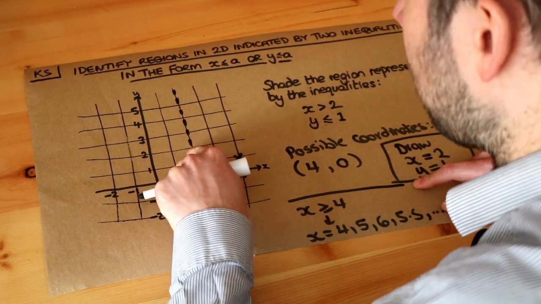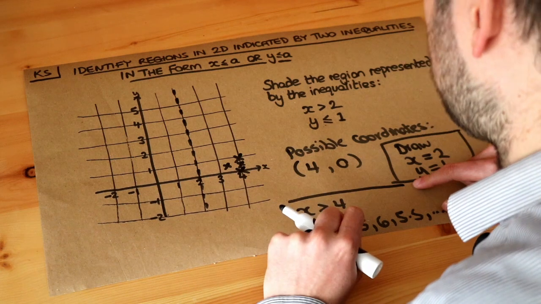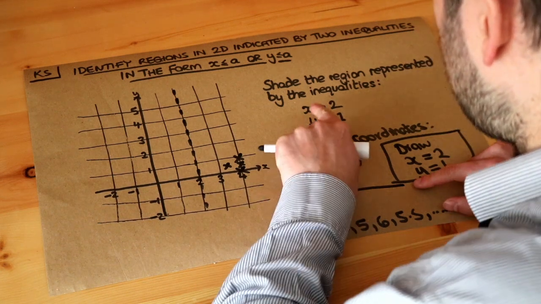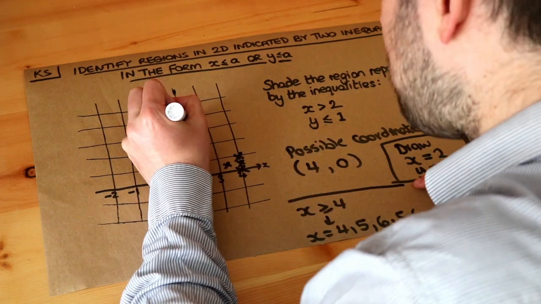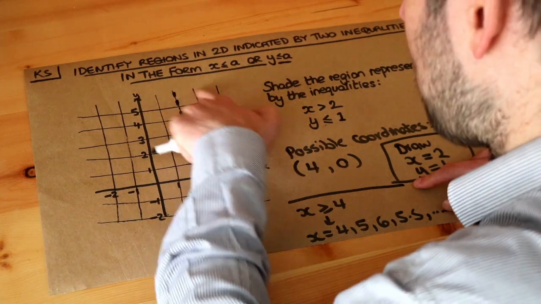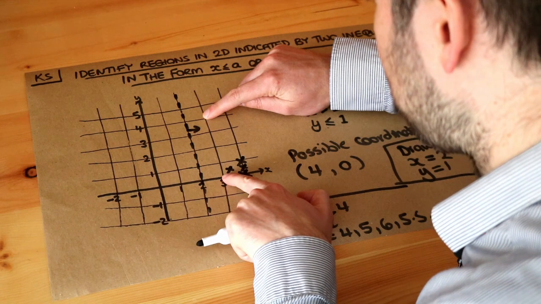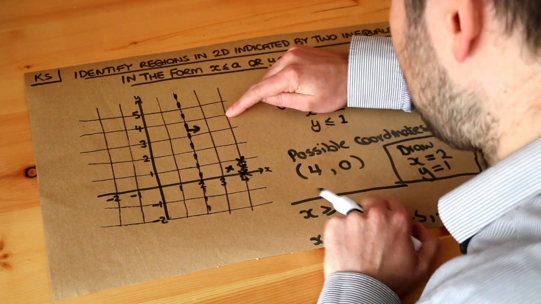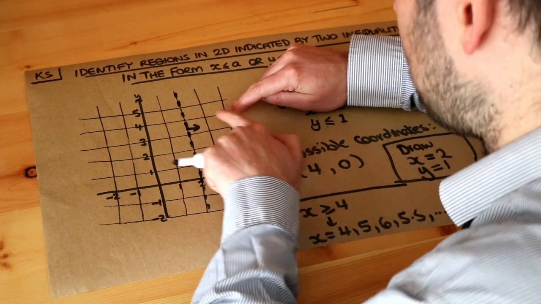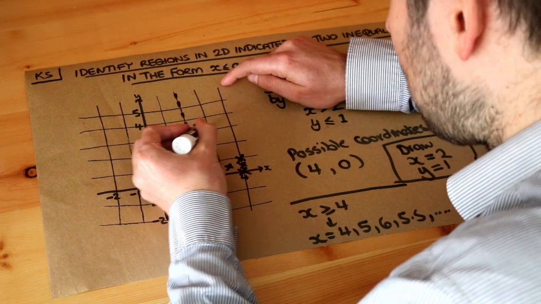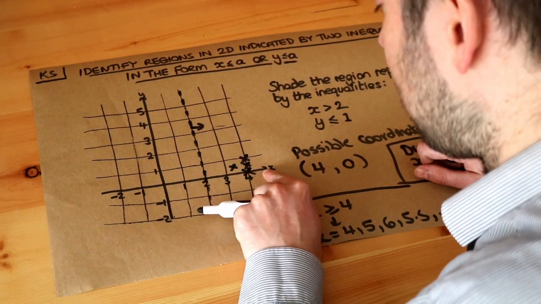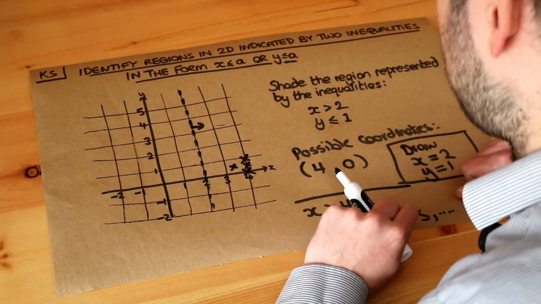The dotted line implies that you can't be on this line itself. But if x is greater than 2, you can be anywhere to the right of this line. So if I'm here, for example, the x value is 3, that's greater than 2. If I'm here, the x value is 4, it's greater than 2. So anywhere this side of the line where x is greater than 2 will be in our region.